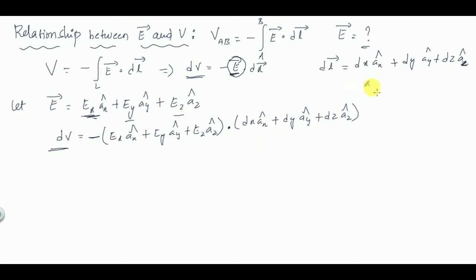We know that Ax cap dot Ax cap is 1, and the remaining Ax cap dot Ay cap is 0 and Ax cap dot Az cap is also equal to 0.